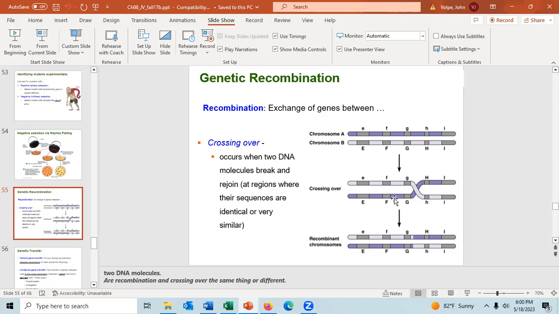Crossing over is physically where the chromosomes come together, cross over, and then break, and then exchange pieces. And if you don't know, that happens all the time in meiosis. So crossing over is always recombination, but recombination is not always crossing over.